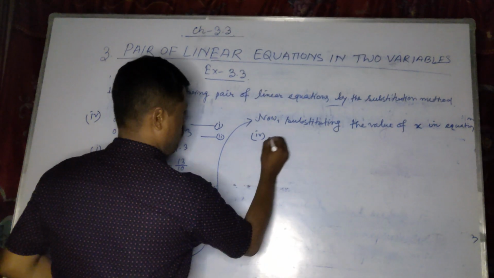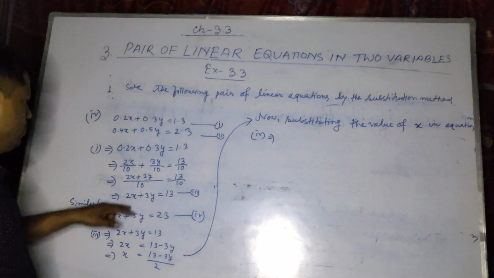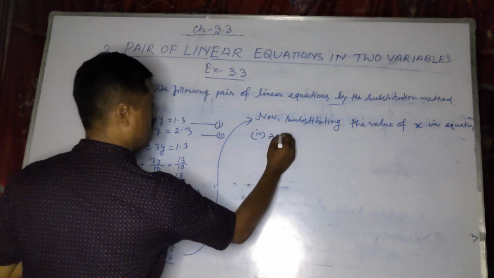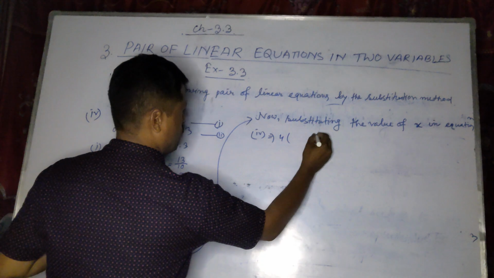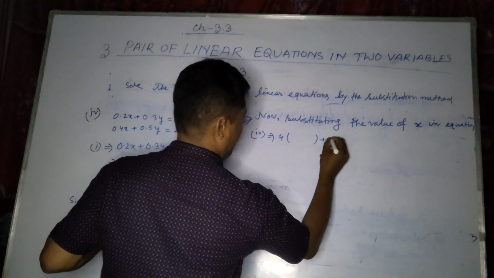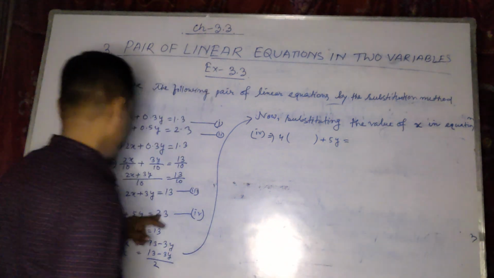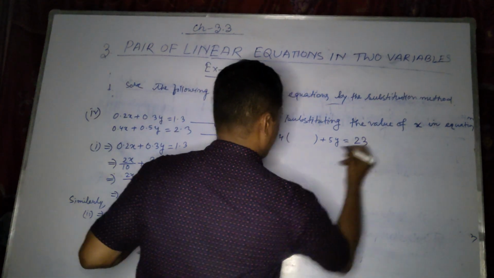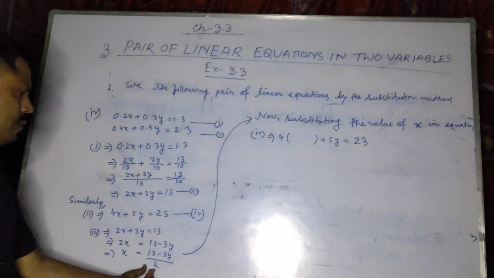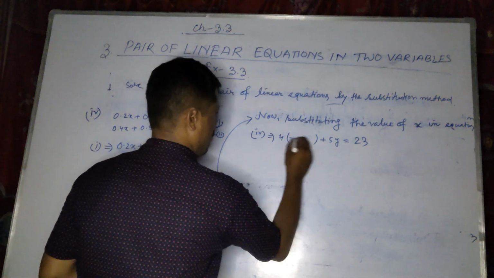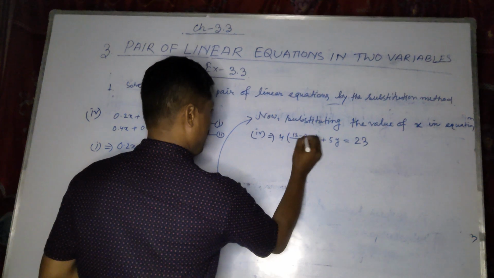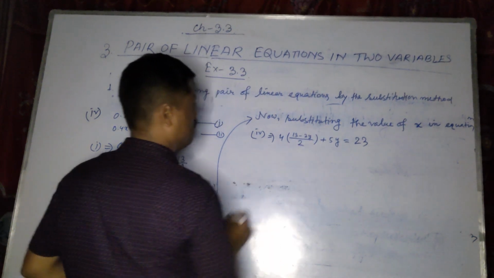Equation 4 has 4x plus 5y is equal to 23. The x value, 13 minus 3y by 2, we put here: 4 times 13 minus 3y divided by 2.